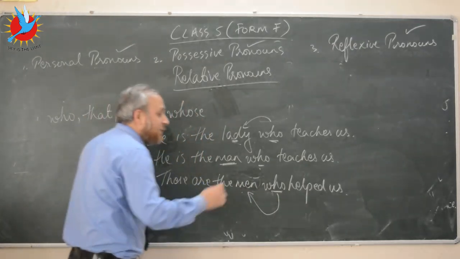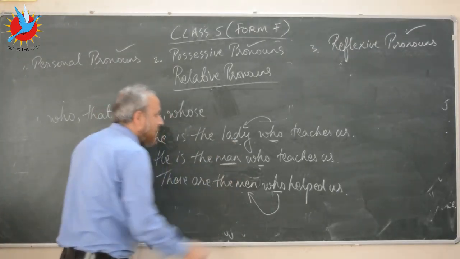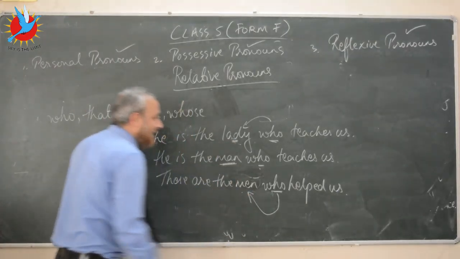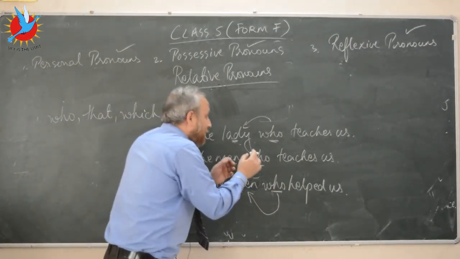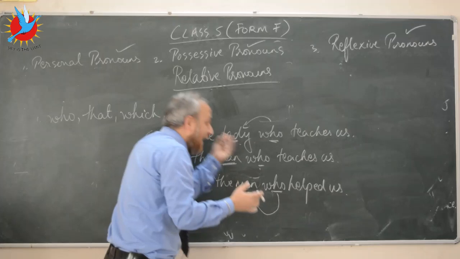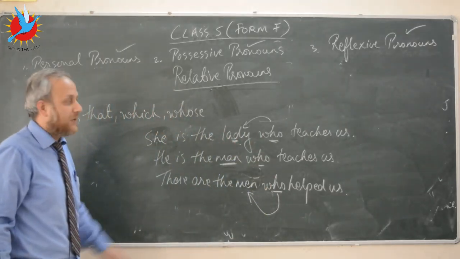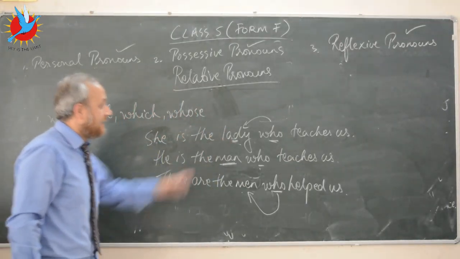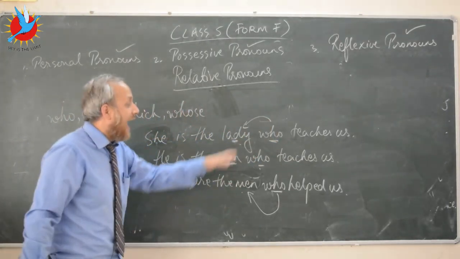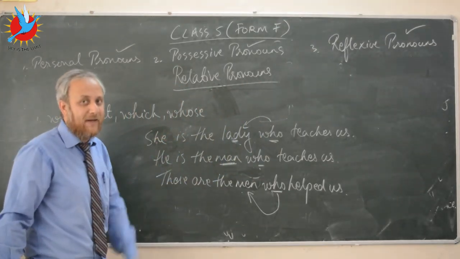And even when it comes to gender, lady is feminine, man and men are masculine, the form of the relative pronoun has not changed. So please do remember that. The form remains the same, as in the spelling remains the same. I have not added any other letter to it.